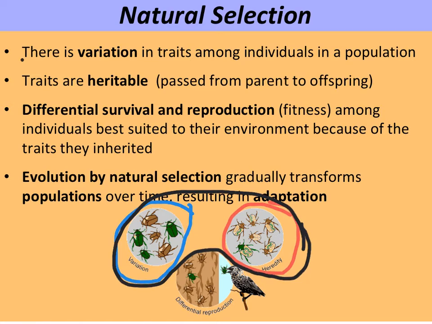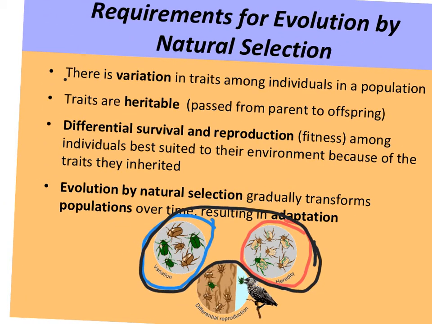So the first two things you need: variation and heritable variation. And then in terms of survival and reproduction, there has to be differential. In other words, some individuals survive and reproduce better, leave more offspring than others. And that difference is due to the heritable variation and the variants that are best suited to that environment.